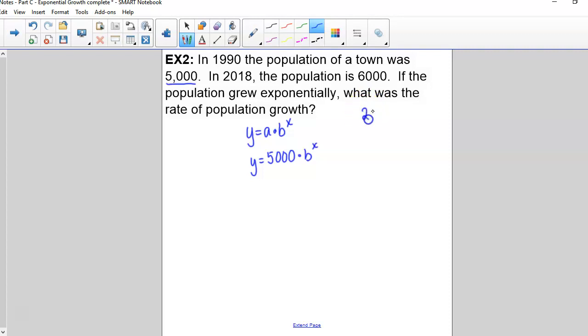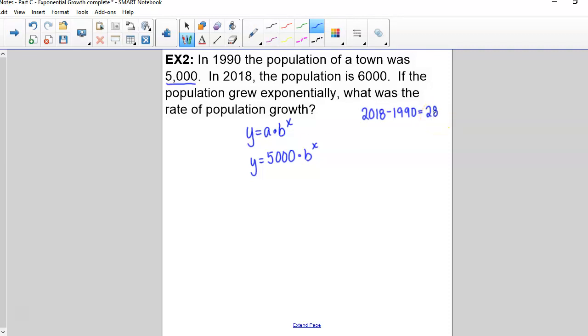Okay, so 2018 minus 1990 tells us how long has passed, right? 28 years, I think. So 28 years has passed.